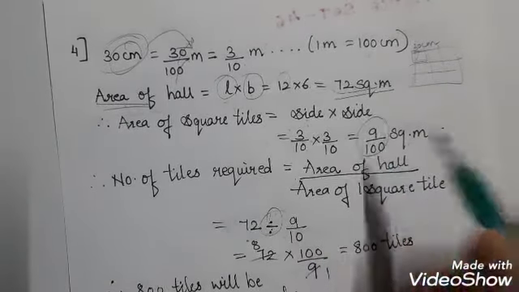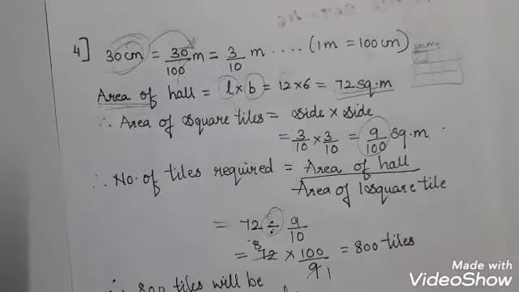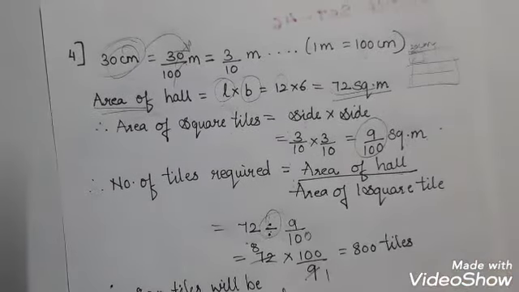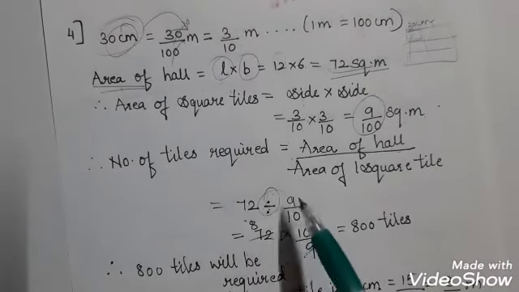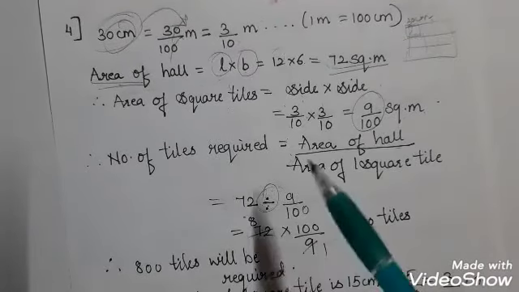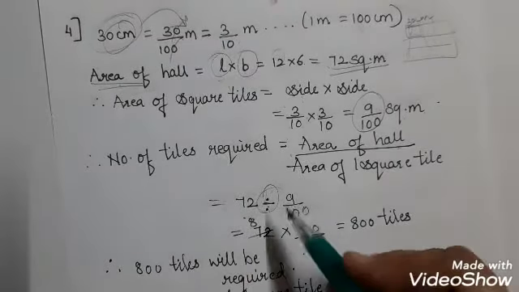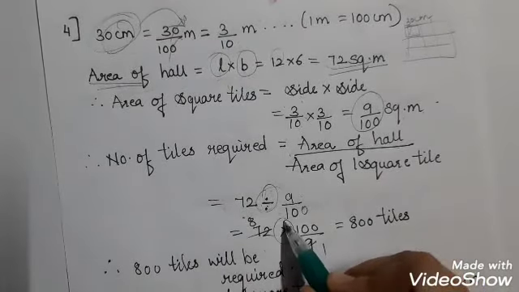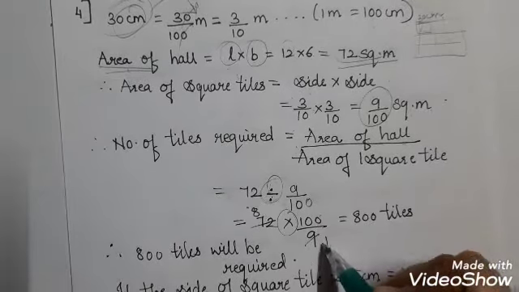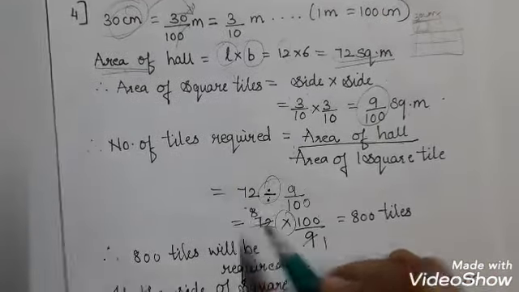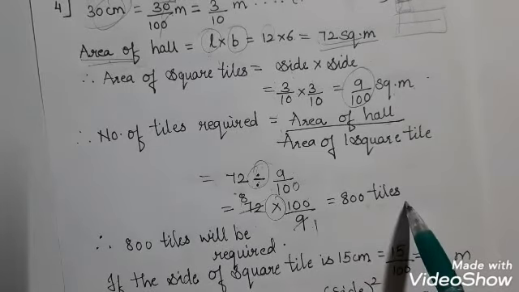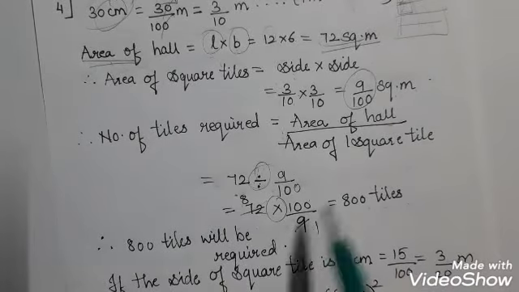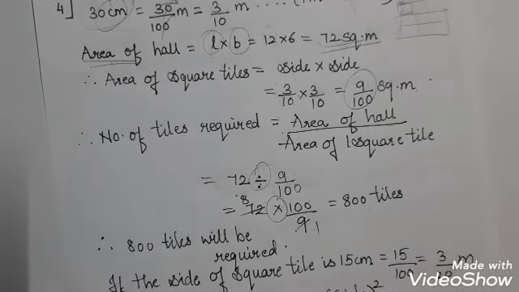Because it is in the form of a fraction. So 72 divided by 9 upon 100. The division sign I convert into a multiplication sign, so that becomes 100 upon 9. 9 ones are 9, 9 eights are 72, which is equal to 800 tiles. So 800 tiles will be required for the entire hall.